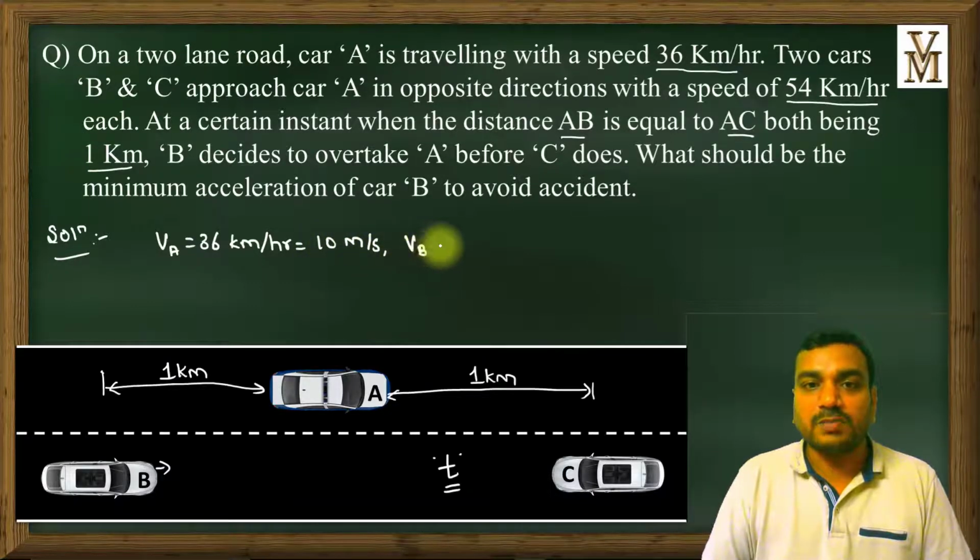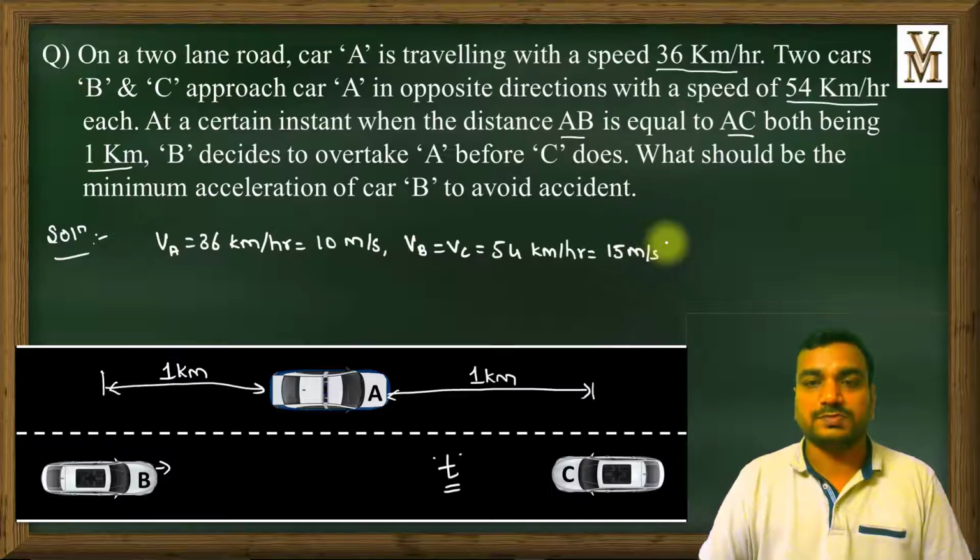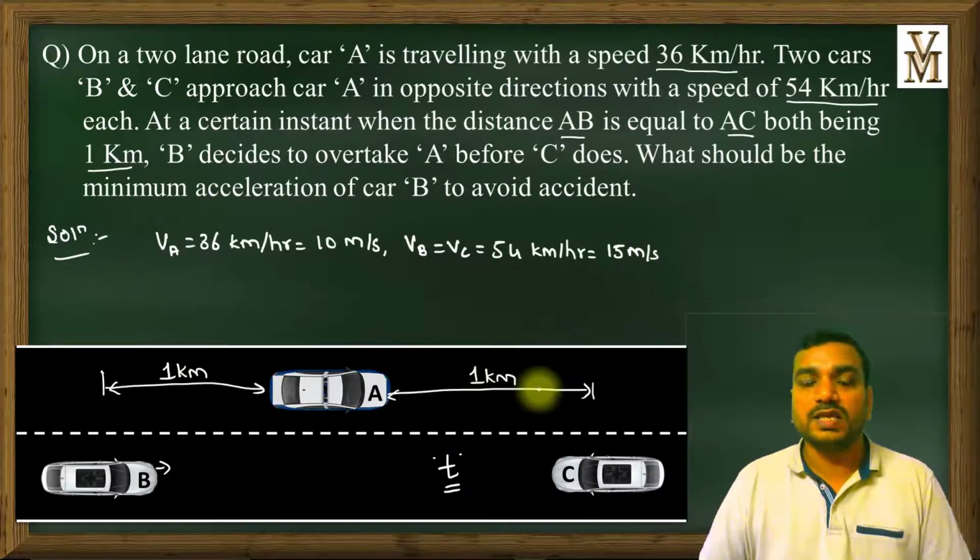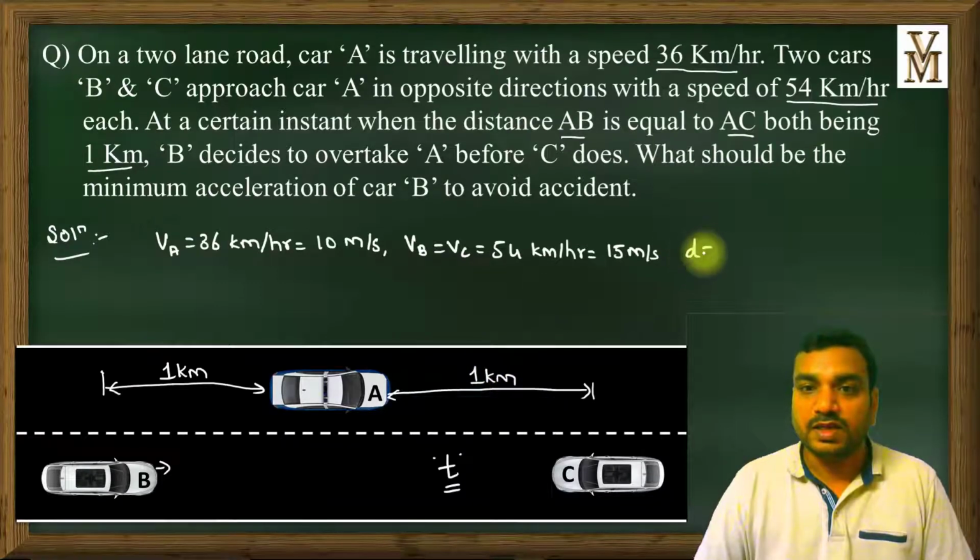Similarly, the speed of car B and car C is 54 km per hour, and if I convert this into meter per second, I will get 15 meter per second. The distance AB is equal to AC, and it is 1 kilometer. So I will write D equals 1 kilometer, and it is nothing but 1000 meter.